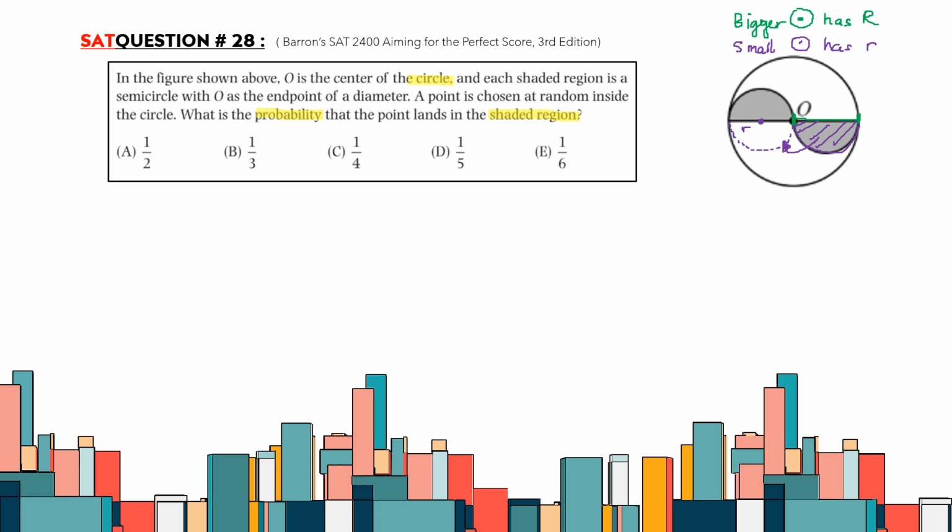And we know that the big R equals 2 small r. So this one is R right there, and the big R is 2 little r.